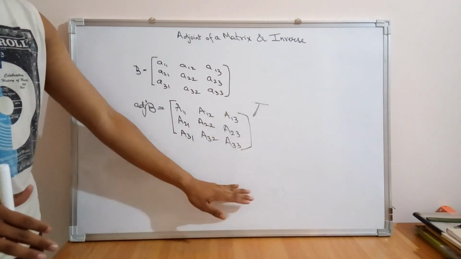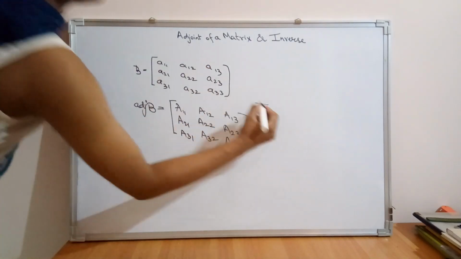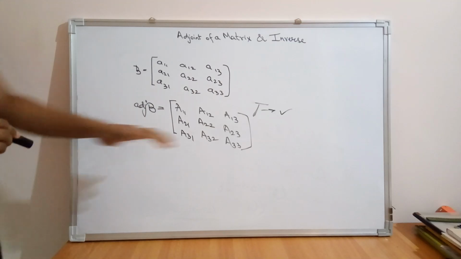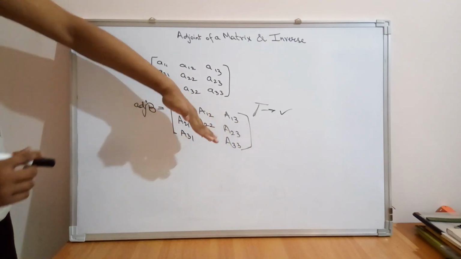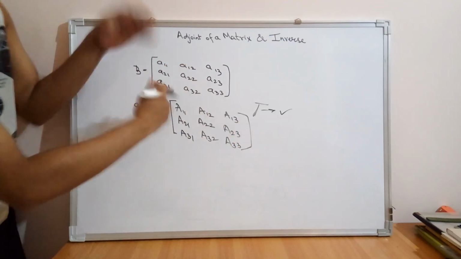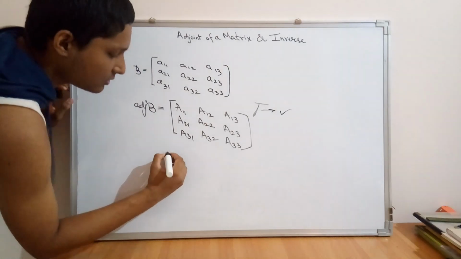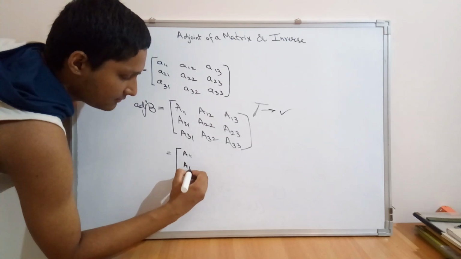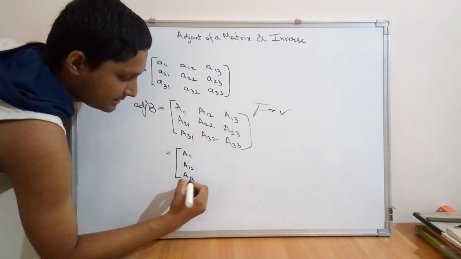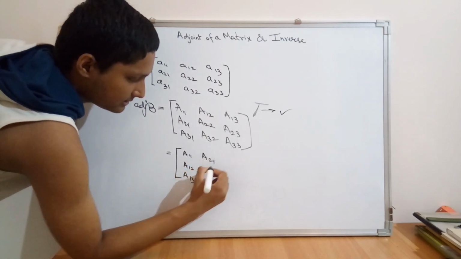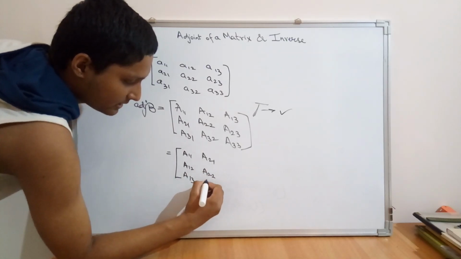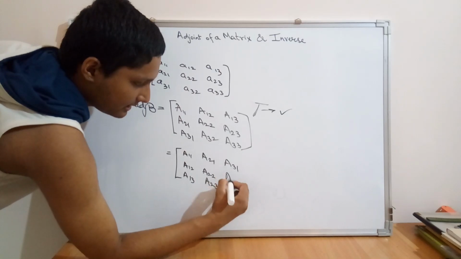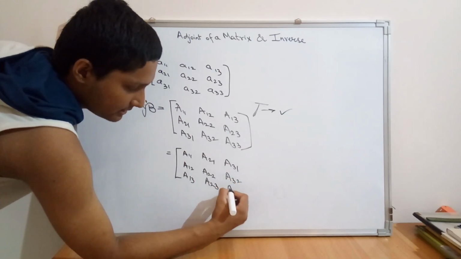Transpose is very important, very important. So if I consider the transpose, I need to take the middle line and just interchange these things. So I can write it to be A11, A12, A13, A21, A22, A23 and A31, A32, A33.